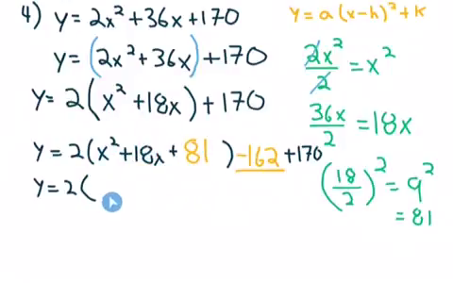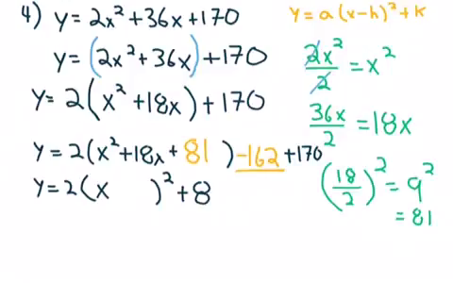So if I want to factor this, it's going to have the form x plus or minus something, close parentheses, squared, okay? And then I'm just going to go ahead and combine these two, so negative 162 plus 170, that's just going to be positive 8, so plus 8.